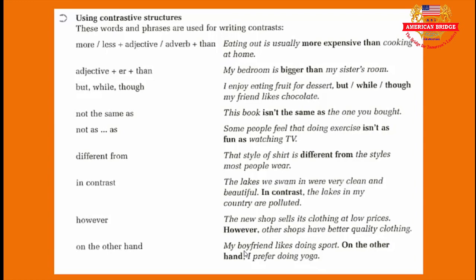But, while, although, not the same as, not as. Example: some people feel that doing exercise isn't as fun as watching TV. You can use this in the topic sentence to show the differences.